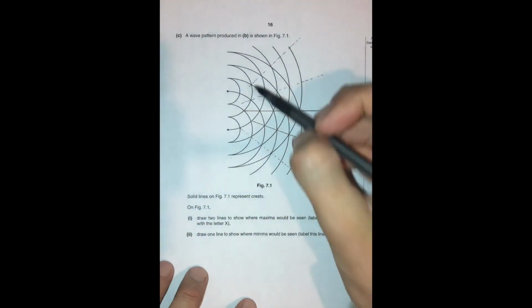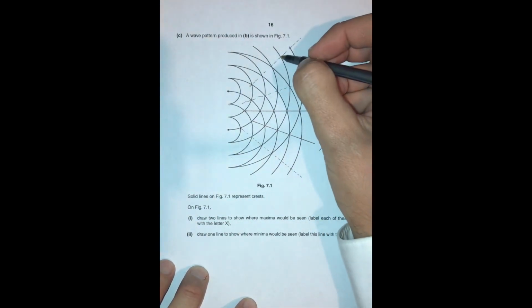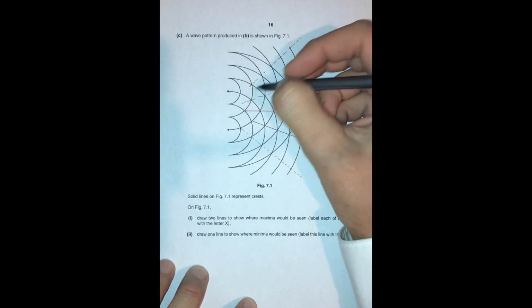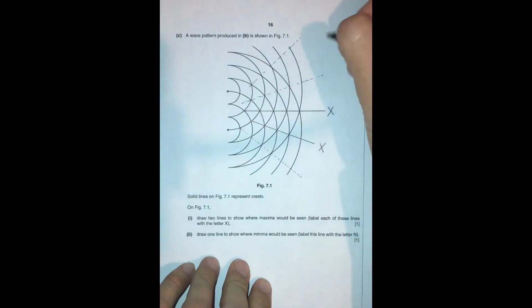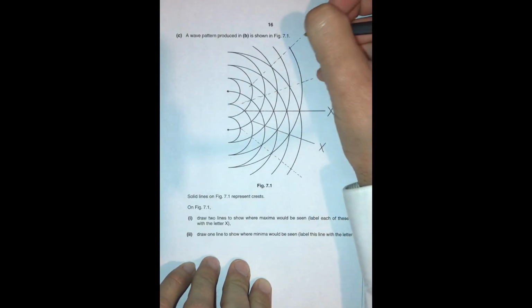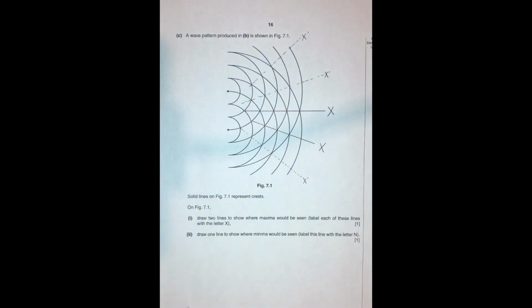And so you can see where all of these crests are meeting crests there. Now, by the time you get out here, you can see that this wave hasn't had time to make it all the way out there yet. So we can call these X prime possible answers that would be just as correct, so any 2 of those lines there for part C, question 1.